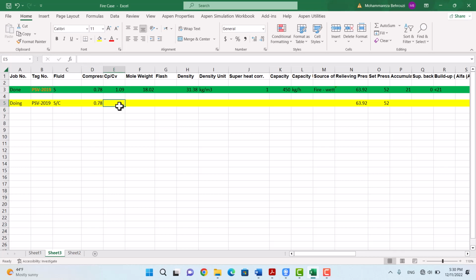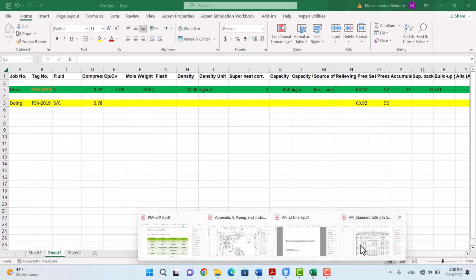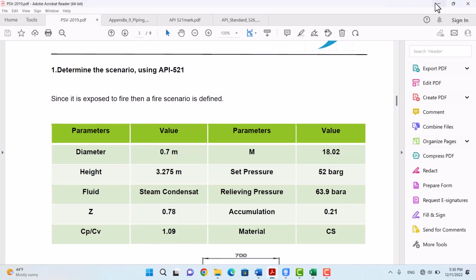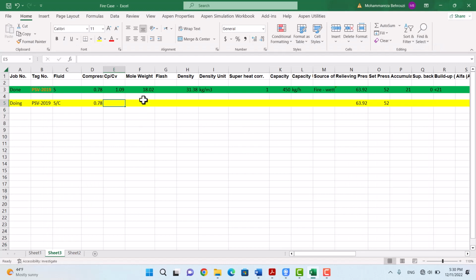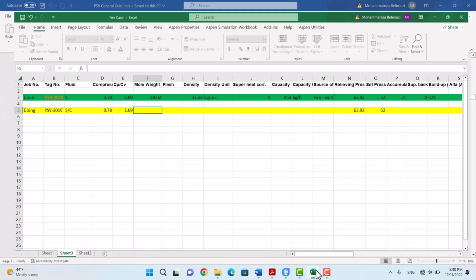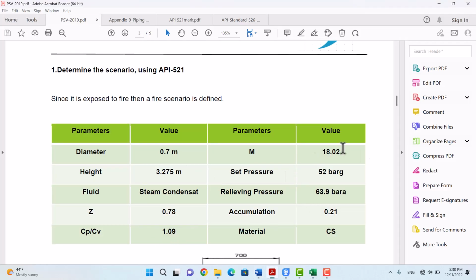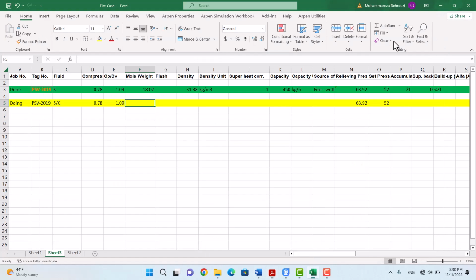Then we have the ideal gas specific heat ratio, which is 1.09. Then we have the molecular weight, which is 18.02.